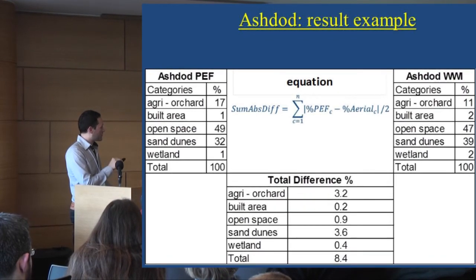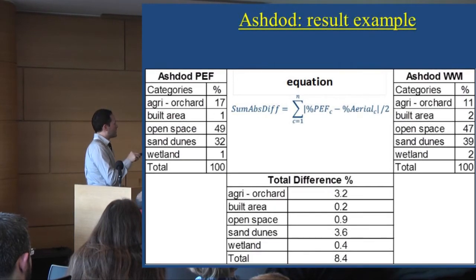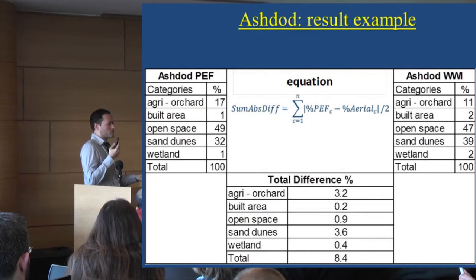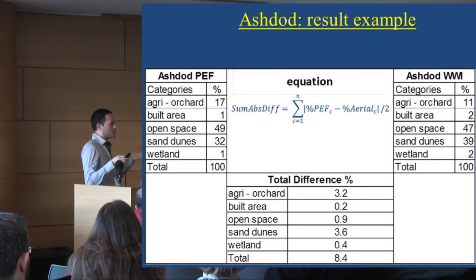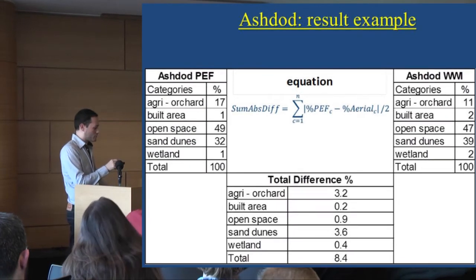You should also look that all the categories here are also found here. None of them are missing. And the total difference between the Ashdod PF map and Ashdod aerial photos is only 4.4%, which is very low, because you should bear in mind that there is a gap of more than 40 years between those two photos.